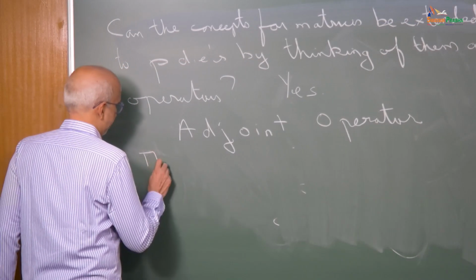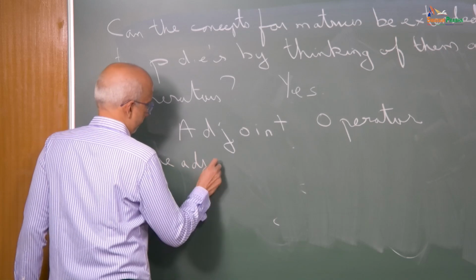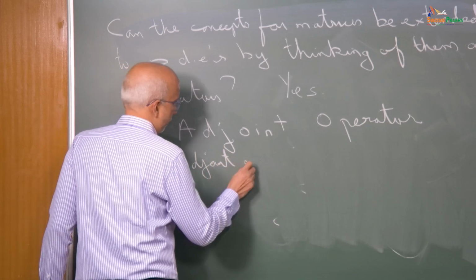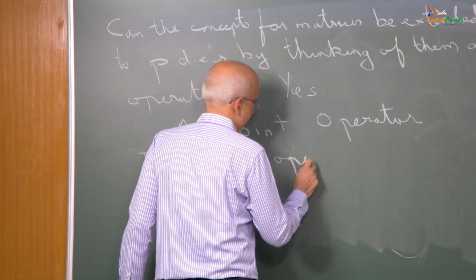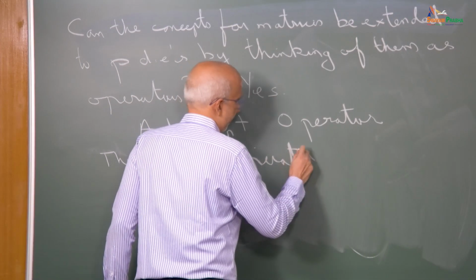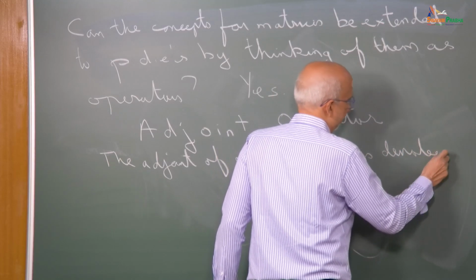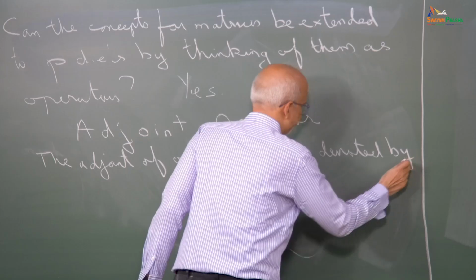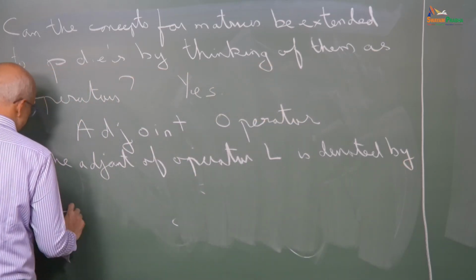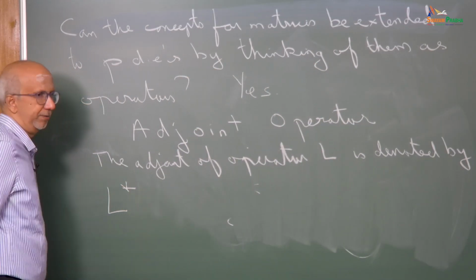The adjoint of the operator L is denoted by L star.